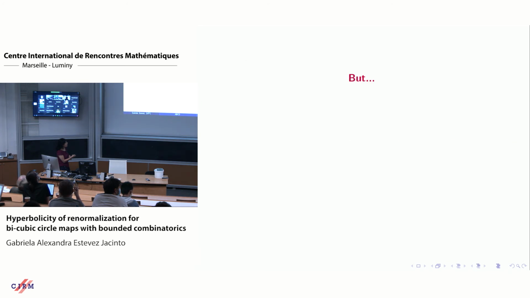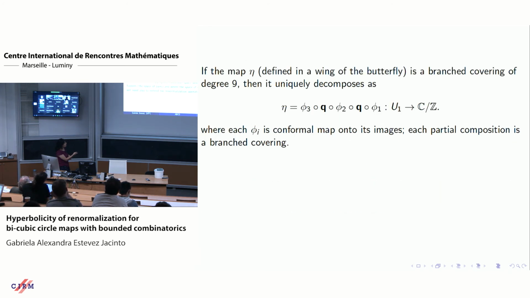You will see that this map can be decomposed as follows, and this is a unique decomposition. This Q map is just the cubic map, which sends a point z to z to the power of 3. So this map that is defining the wing of the butterfly can be written in this form.